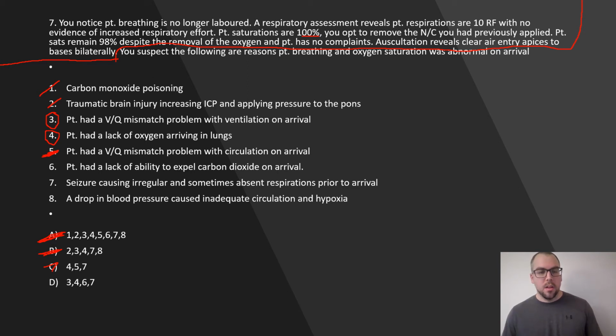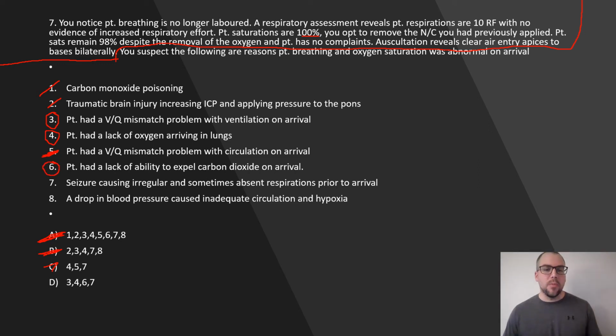Patient had a lack of ability to expel carbon dioxide on arrival. Well, it makes sense that if he can't get enough oxygen in, he probably can't get enough carbon dioxide out. Would that contribute to his overall poor respiratory status? It would. The primary drive to breathe is carbon dioxide. Yeah, let's keep that.